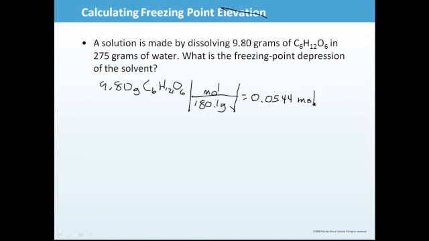Alright, again, this is a covalent compound, so it's not going to break up, so we do not have to multiply it by anything, because we're just going to have one particle per each sugar molecule that's dissolved. So that's not going to change. The 275 grams, again, if we divide that by 1,000, that gets us our kilograms.